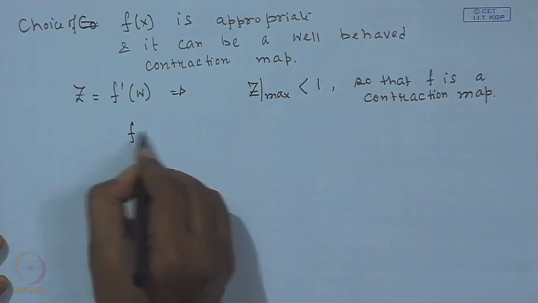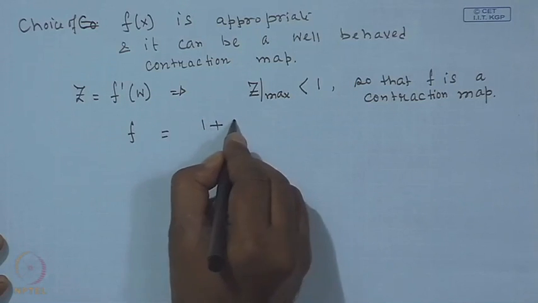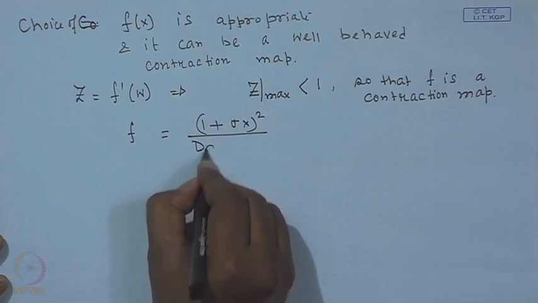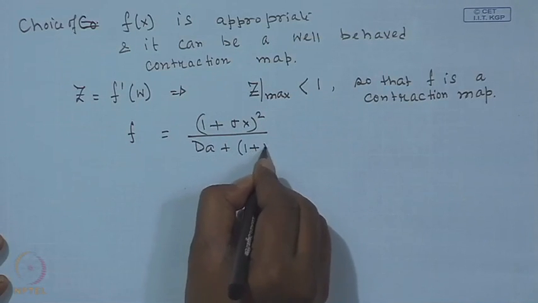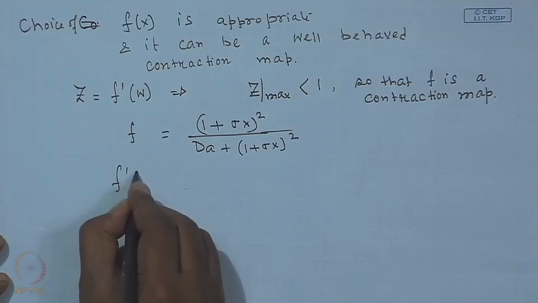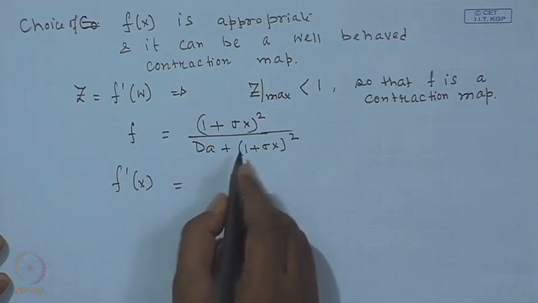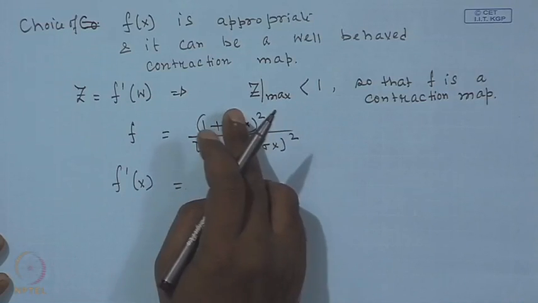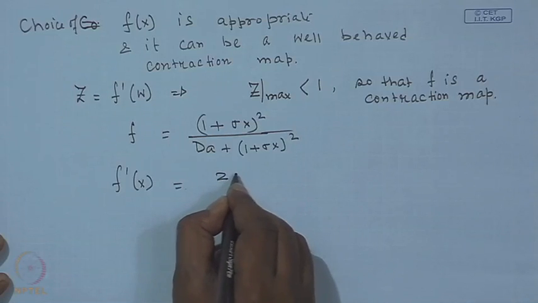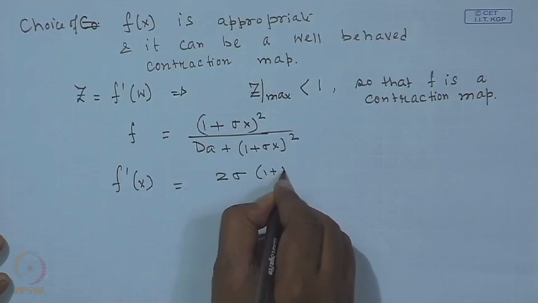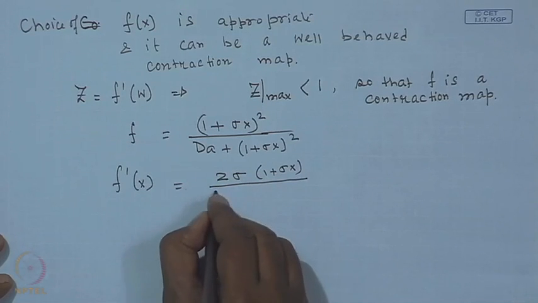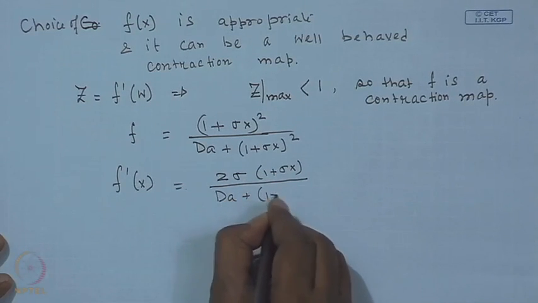So, therefore, first we find out what is f prime(x). f(x) is (1 plus sigma x) square divided by dA plus (1 plus sigma x) square. So, what is f prime(x)? Again, we take this numerator as one function and the denominator as the second function. So, it will be 2 sigma (1 plus sigma x), that is the differentiation of the numerator, with the denominator remaining as it is.